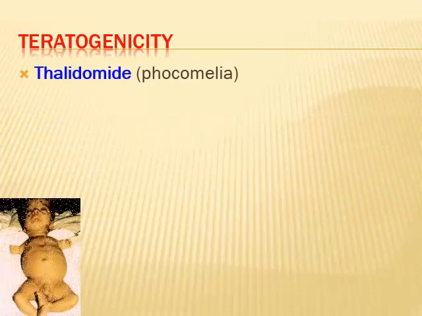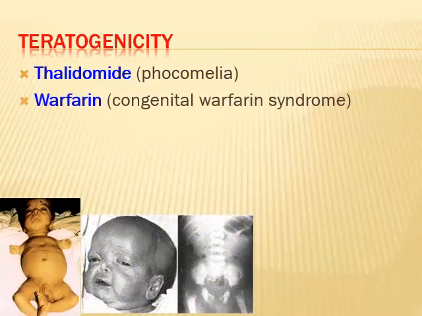The most famous example of category X is thalidomide, which induces phocomelia, that is, absence of a fetal limb. Warfarin can induce fetal cartilage and bone abnormalities. It is classified as category D for women with mechanical heart valves and prone to thromboembolism, and as category X in case of other pregnant populations.